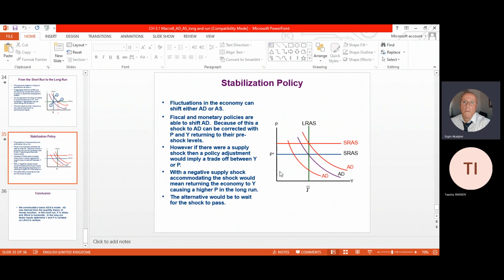However, if there were a supply shock, a policy adjustment would imply a trade-off between Y and P. The short-run aggregate supply curve shifts to a higher level, while long-run aggregate supply is fixed. With a negative supply shock, accommodating the shock would mean returning the economy to Y and causing a higher price in the long run.